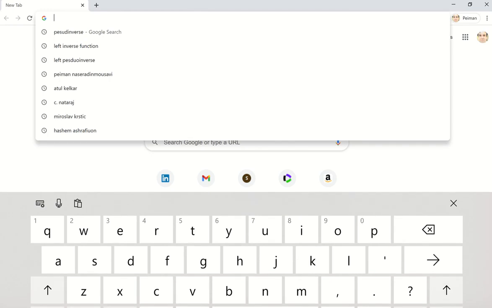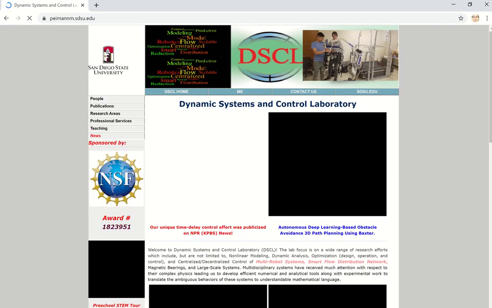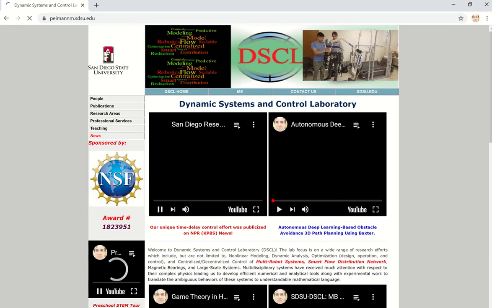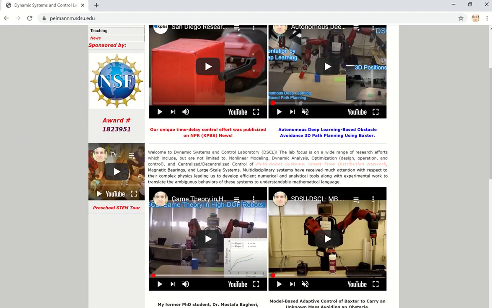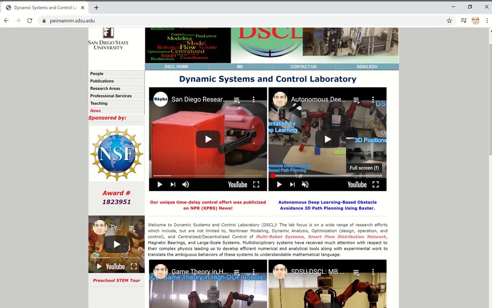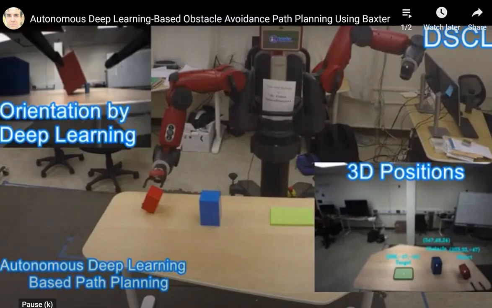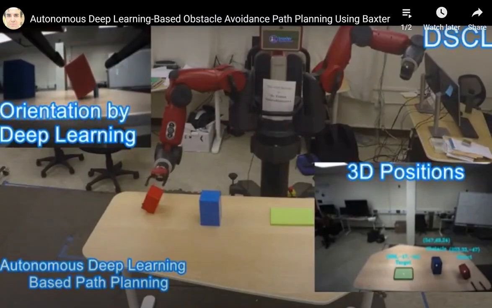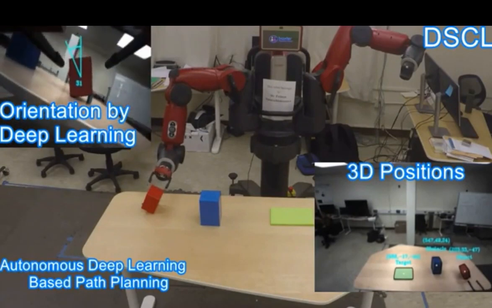If you go to my dynamic system and control lab, see, when it runs, this is deep learning that we have done, unpublished, by my PhD student Alex.